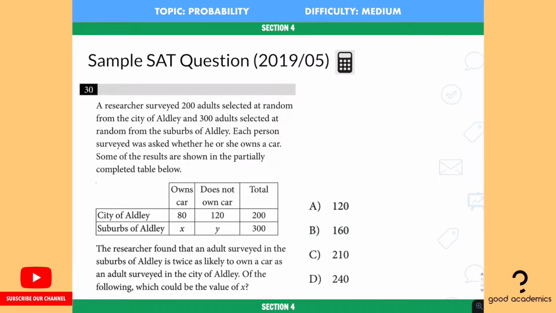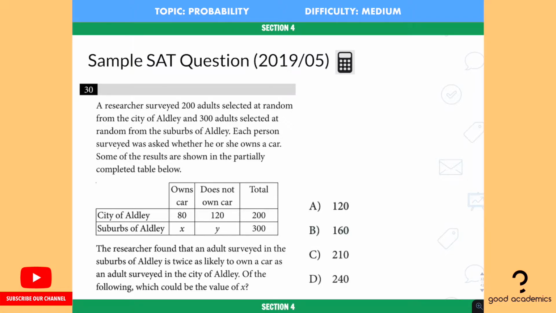Assuming that you have finished reading the question, we have two sets of studies. One is at the city of Altley, and then we have the suburbs of Altley. There are 200 people being surveyed in the city, and there are 300 people surveyed in the suburb of the city.